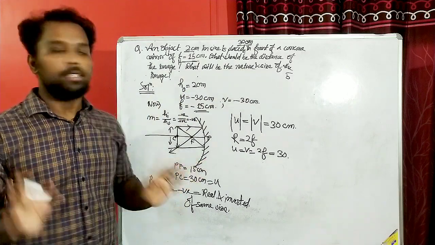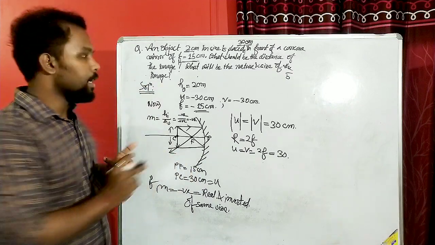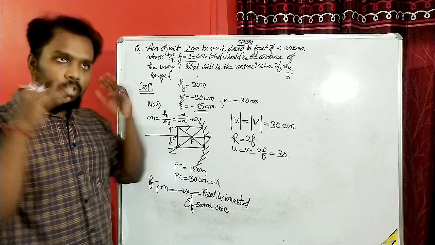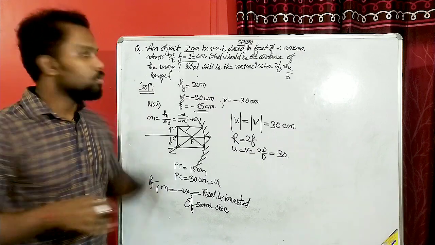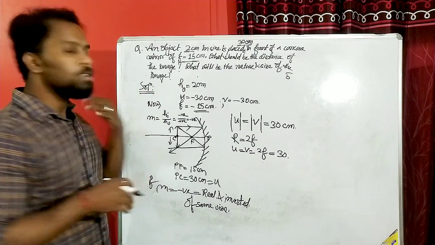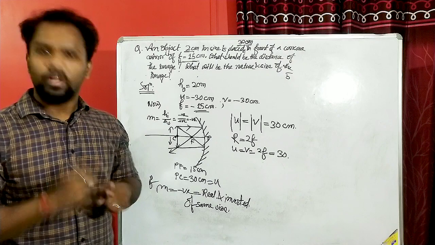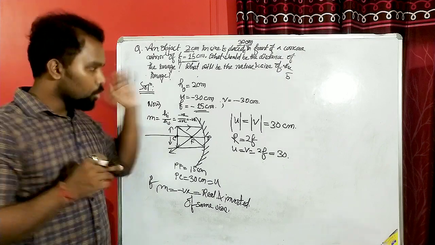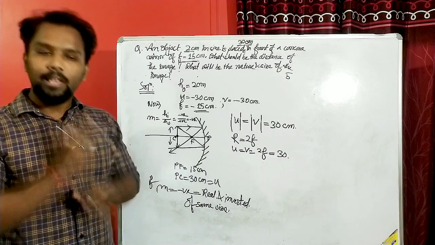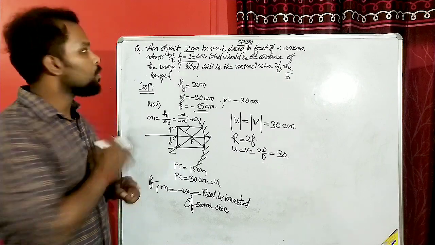Once you have cleared your concept about the sign convention and about the mirrors, then you will be able to do any kind of problems. So these are the main 5 problems that we were able to discuss. Now I think you will be able to do any kind of problems related to the mirror formula and magnification. But to solve them properly, you need a clear concept about the sign convention. I hope you have understood all these questions.